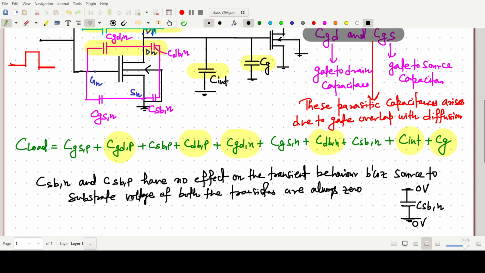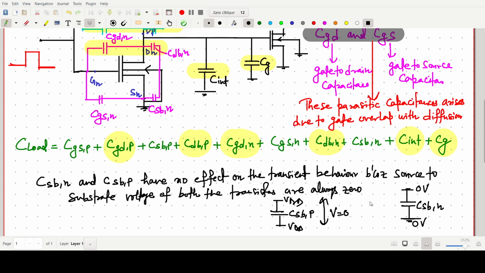For CSB of P, one end is connected to VDD, source and bulk both at VDD, so the effective voltage will be 0.